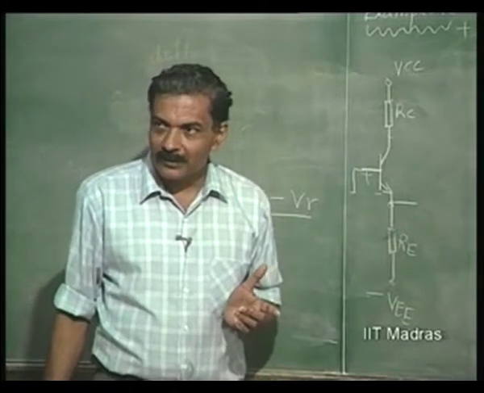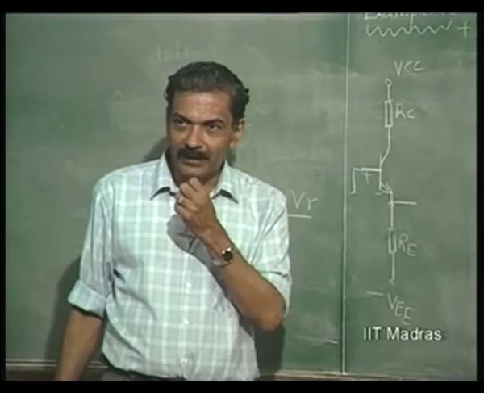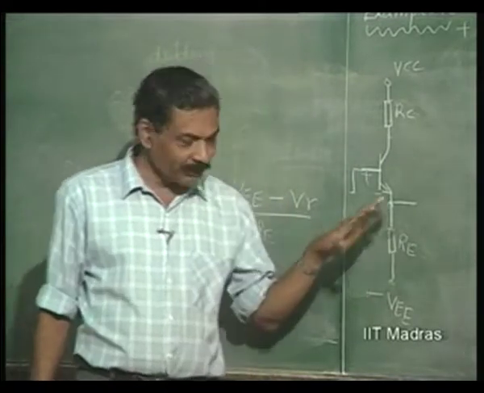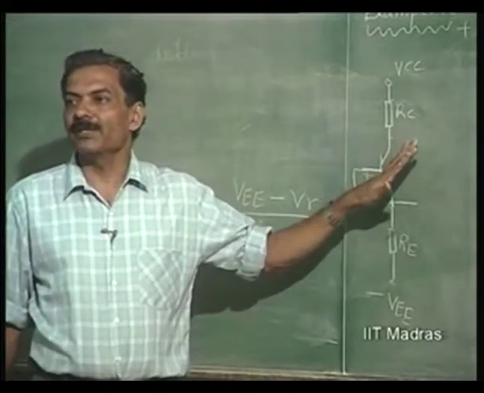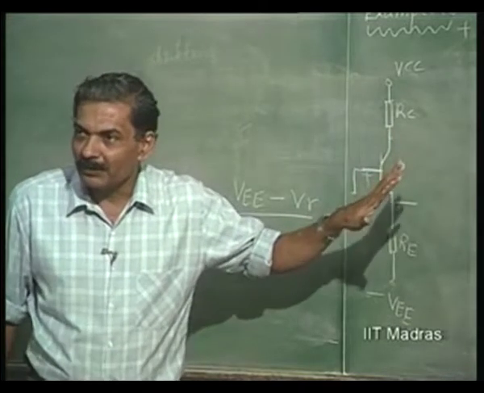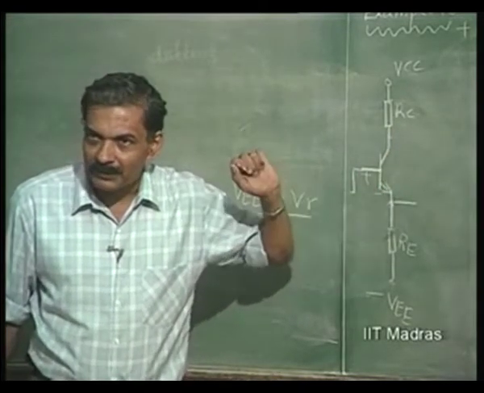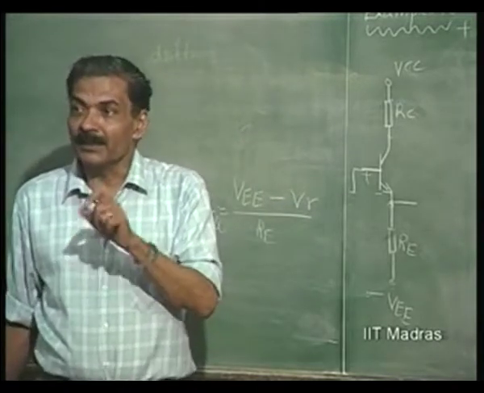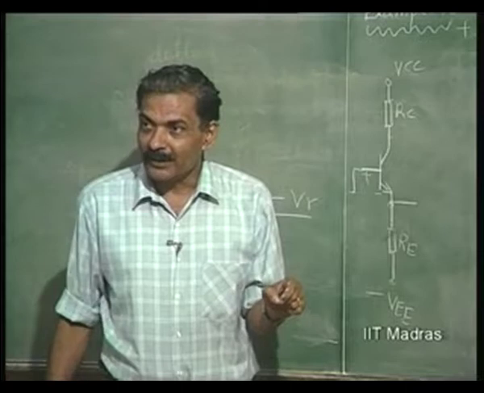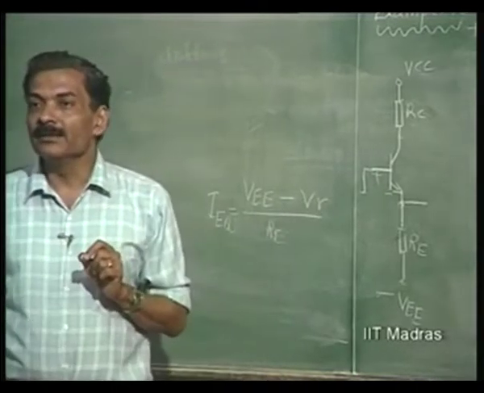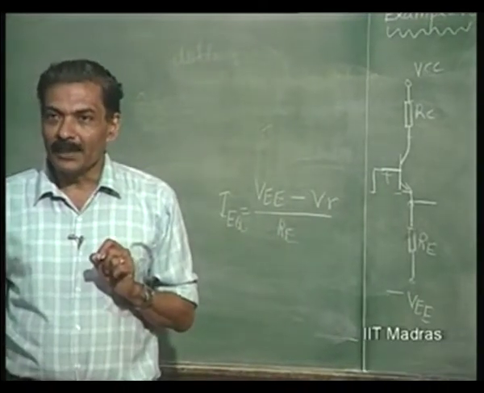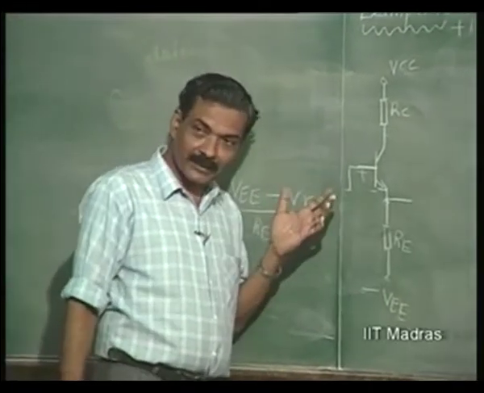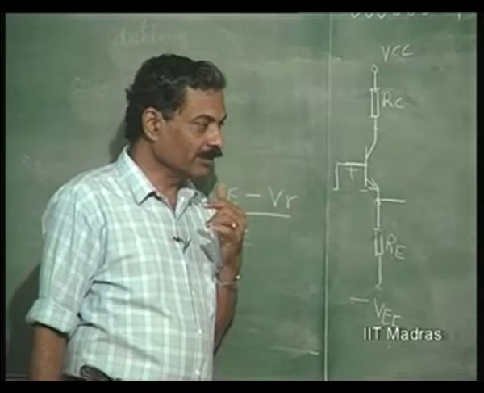That means what you say gets fixed without much trouble, without knowing anything about the transistor parameters. If you say, please give me the transistor parameter, then only I can give you the collector current, then it is an unstable way of biasing. Now, if you understand this fact, you will appreciate how it is going to be stable.